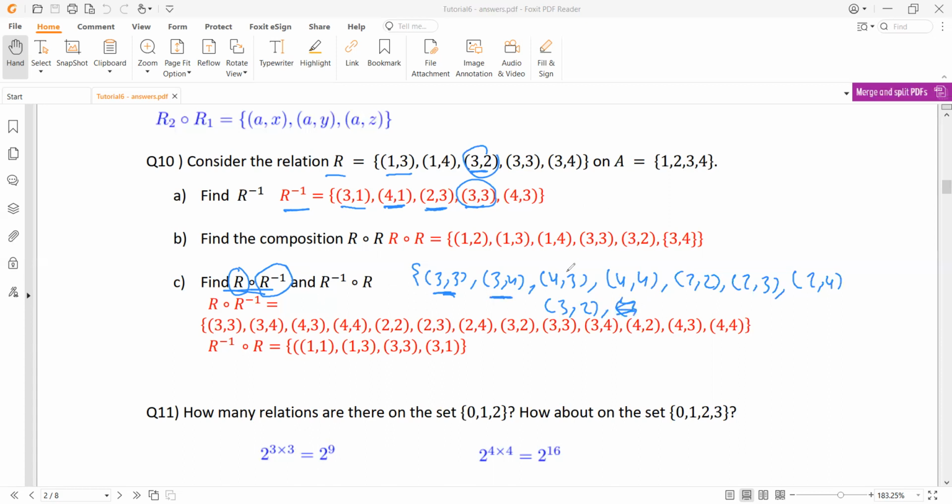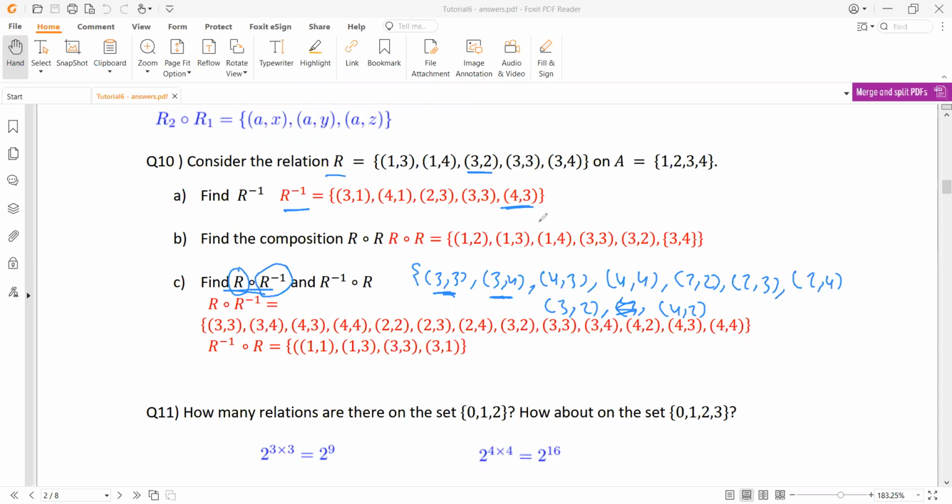It's there. So 4, 3 with 3, 2. So this is 4, 2. 4, 3 with 3, 3.